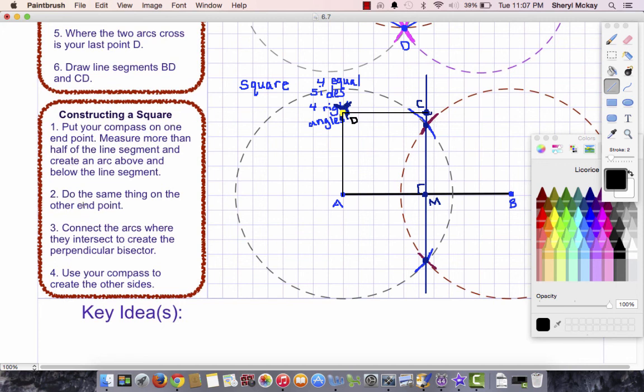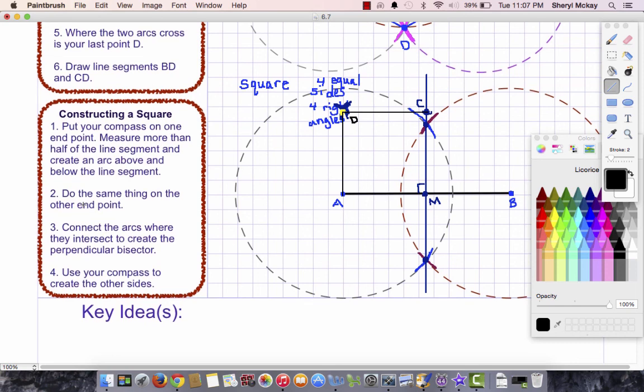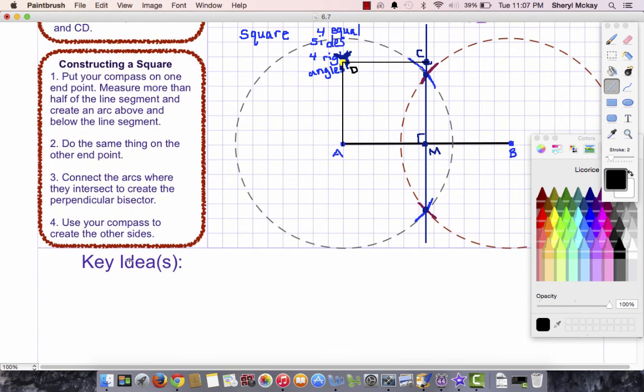Make sure you review the instructions over here, and then write yourself some key ideas. 1 or 2, you don't need to write an entire paragraph, just 1 or 2 main ideas that are going to help you remember how to construct a rhombus, how to construct a square, using a straight edge and a compass. And other than that, I'll see you in class.